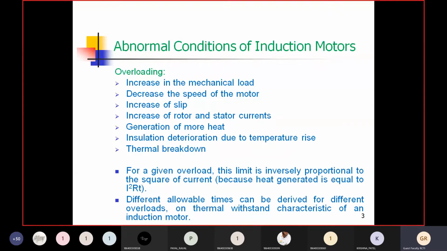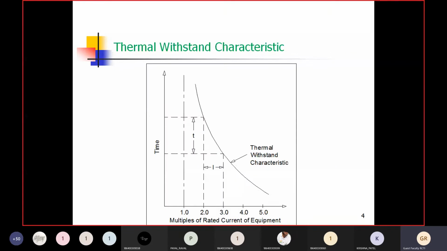Now as the current increases, obviously the heating effect is because of I square R T, and that I square R T is going to follow some pattern. That pattern I am going to show you in my next slide. Here I have given you one thermal withstand curve limit.